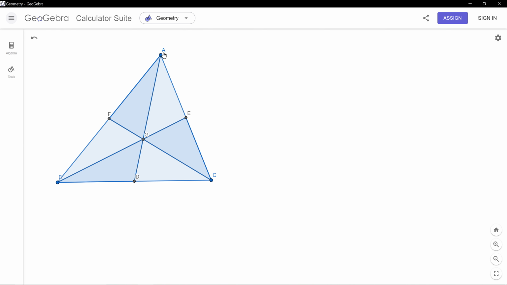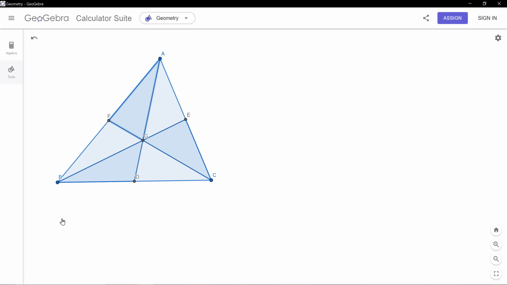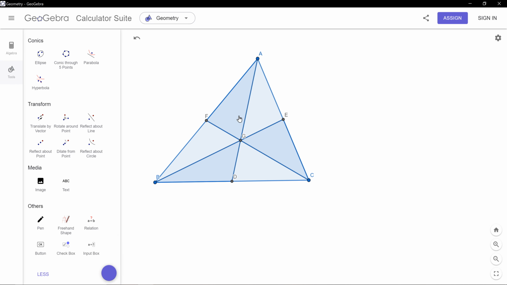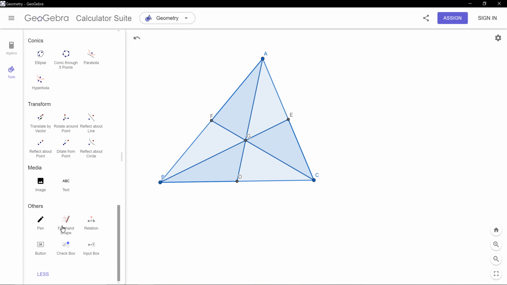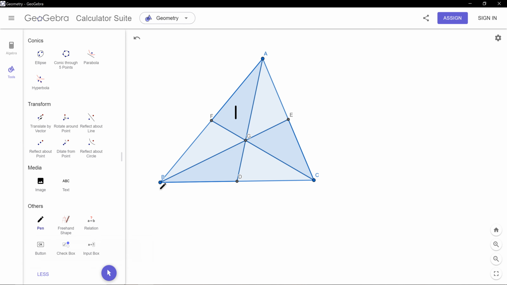So we can set the area of triangle AFG to be 1, the area of triangle BDG to be 1, and the area of triangle CEG to be 1. That's fine, because we already know they're equal, so we can just set a unit area.